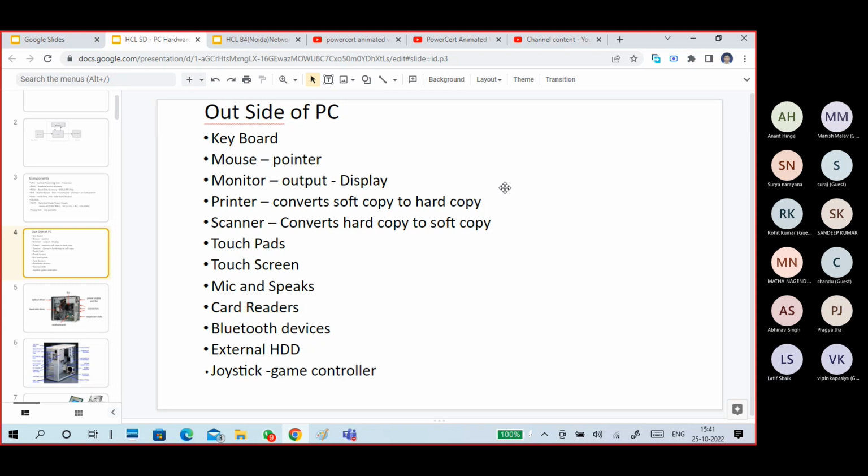Okay. Next one, what we are connecting to our computer, desktop or laptop. A keyboard: without a keyboard, we cannot give instructions, generally, in the traditional way. So the standard input device is the keyboard. Mouse is a pointer device.